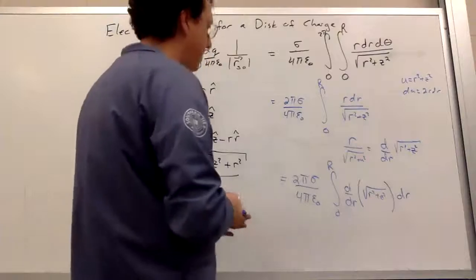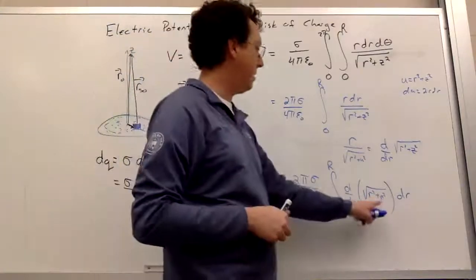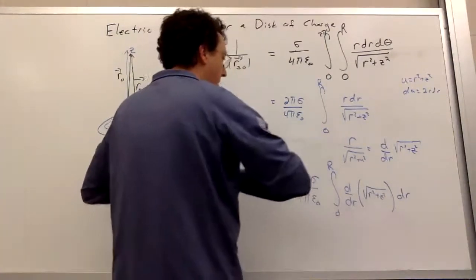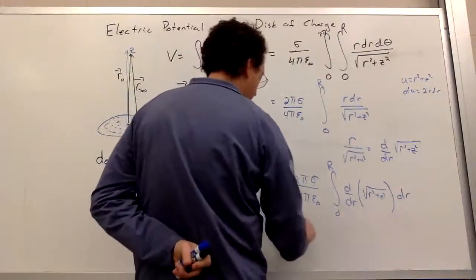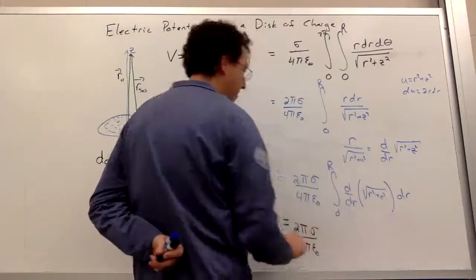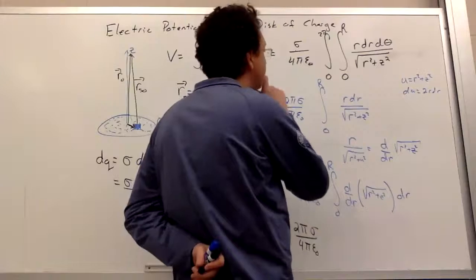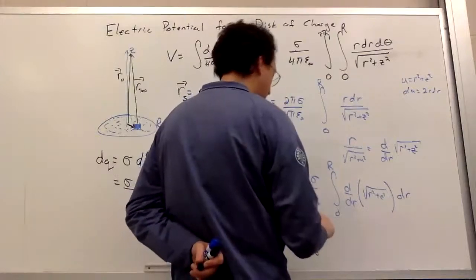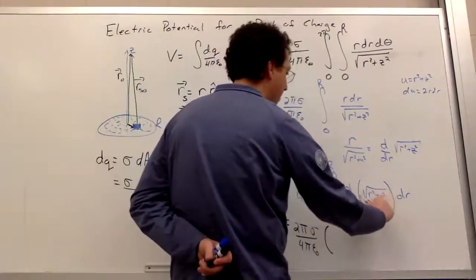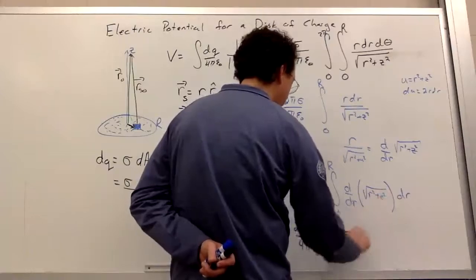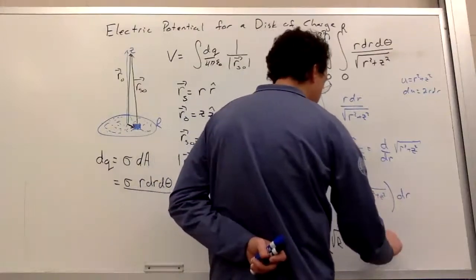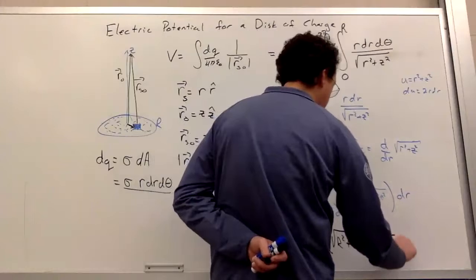But because this is a total derivative, and the integral of a total derivative is just the difference of the differentiated function evaluated at the upper limit minus the lower limit, I can write this as 2 pi sigma over 4 pi epsilon naught times, evaluated at the upper limit minus the lower limit, the square root of r squared plus z squared minus the square root of z squared.